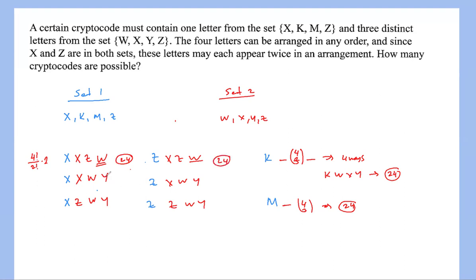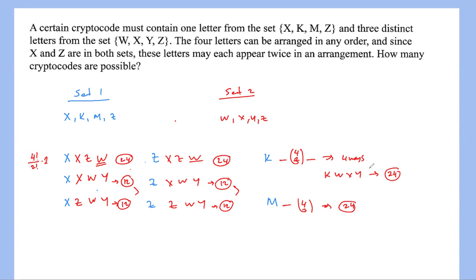And for the second one, these are the only 3. There is no swapping as we did here, so this is just 4 factorial divided by 2 factorial because of the repetition. So this one will be just 12 ways, and this is also 12 ways, and this is also 12 ways, and this is also 12 ways. If you combine these two, that's 24, combine these two, 24. So we have 1, 2, 3, 4, 5, 6 cases, right?